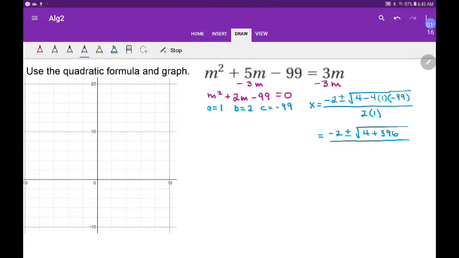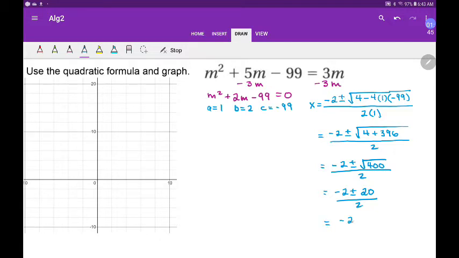So this may have looked bad, but it's going to shape up to be not so bad. Negative 2 plus or minus the square root of 400. Well, the 400 is a perfect square, so that's going to be nice. What's the square root of 400? That's 20. Okay, so this is going to be considerably easier than some of ours.